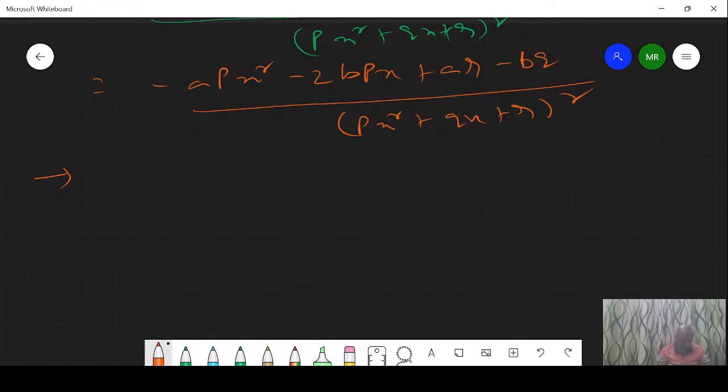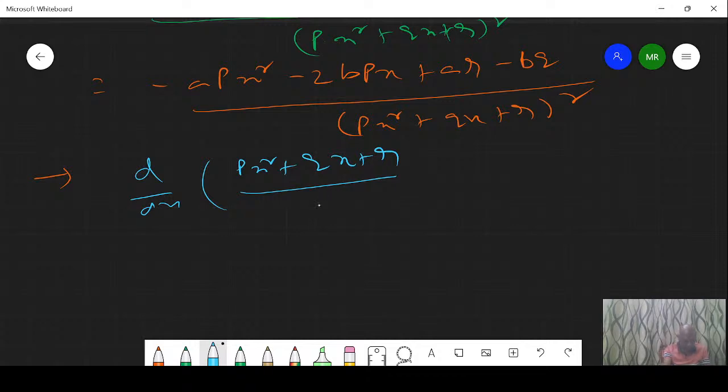Now I am doing this one. See that, find the derivative. They are asking again d by dx of (px square plus qx plus r) by (ax plus b), where p, q, r, a and b are fixed non-zero constants.